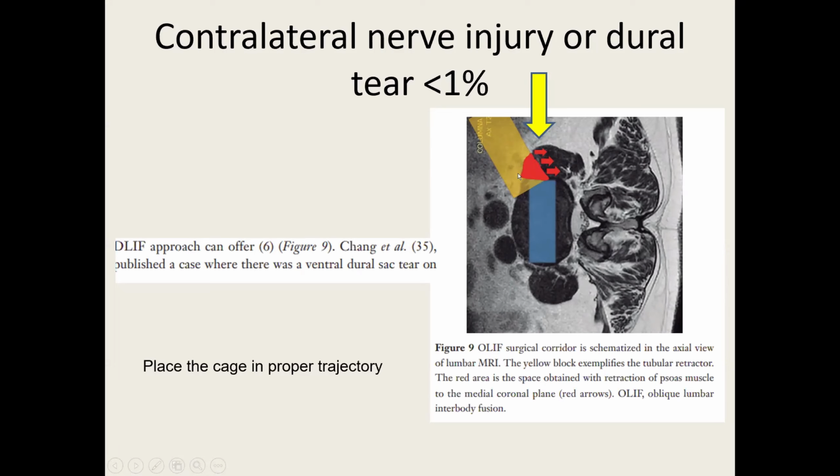But if you do not do that and directly push in your cage, then there are chances that you can have a dural tear or a disc coming out and compressing the opposite side foramen. So this is what has to be avoided. If one does that, you can have a post-op deficit on the opposite side or a dural tear. So always place the cage in the center, and the trajectory should be in the proper plane.